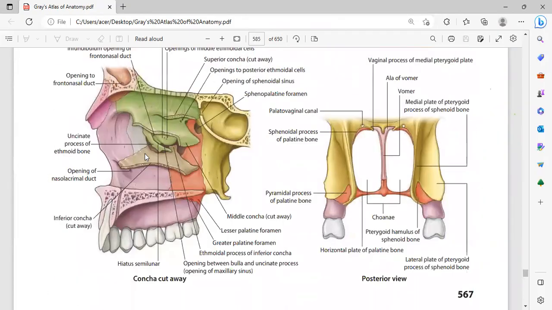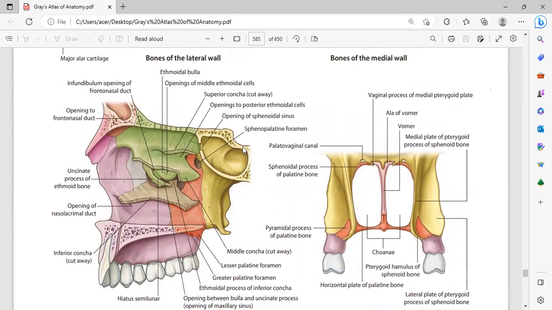The ethmoidal air sinuses have three parts: posterior, middle, and anterior ethmoidal sinuses. The one that opens here into the superior meatus is the posterior ethmoidal air sinus.